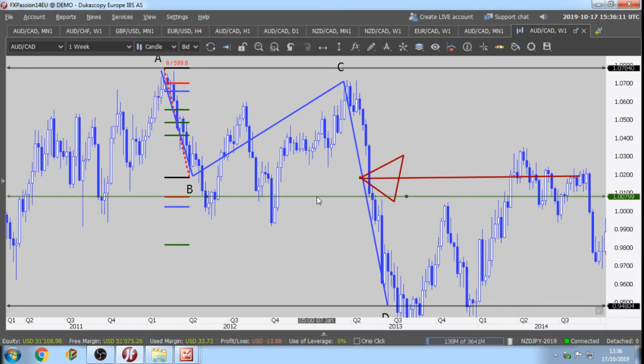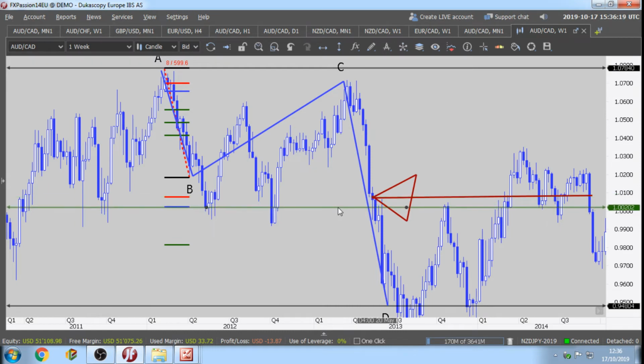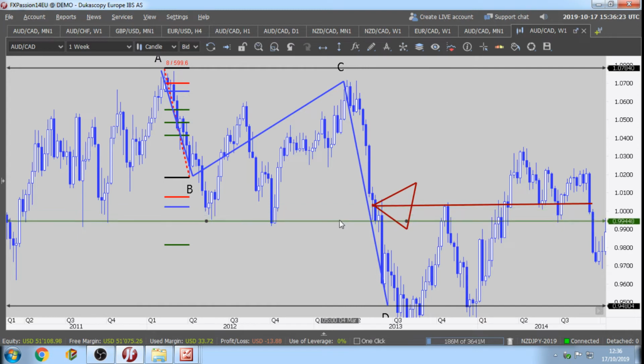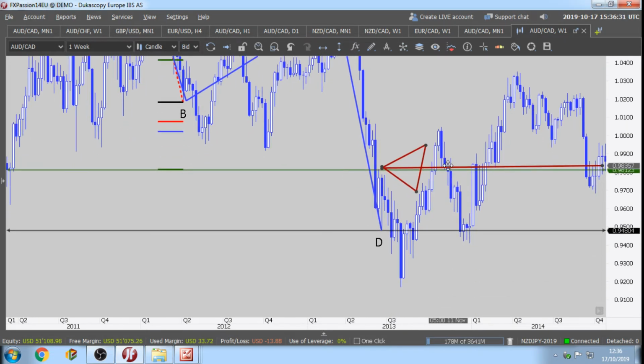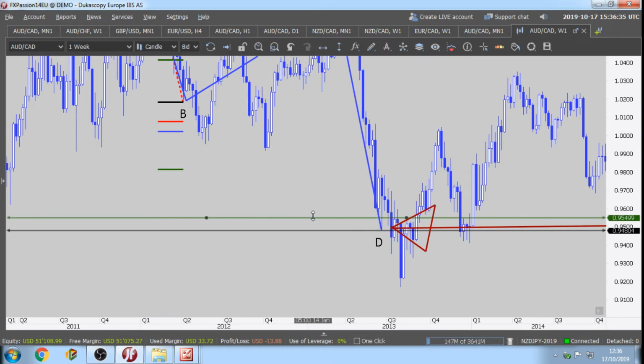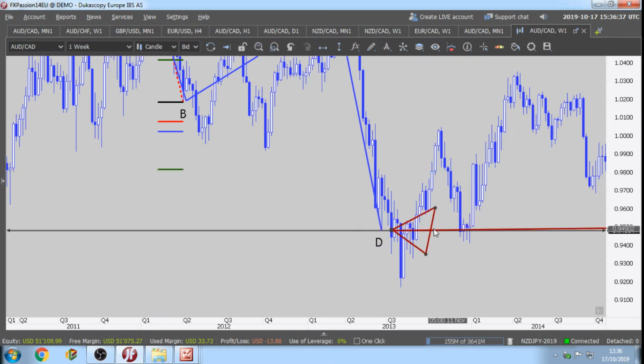It hit the red level, which was the appropriate extension, but didn't form a low. It kept falling, hit the blue level, didn't form a low. It kept continuing to fall, hit even the 1618 extension, didn't form a low until down here. Down here it formed the first low, and this is your D.